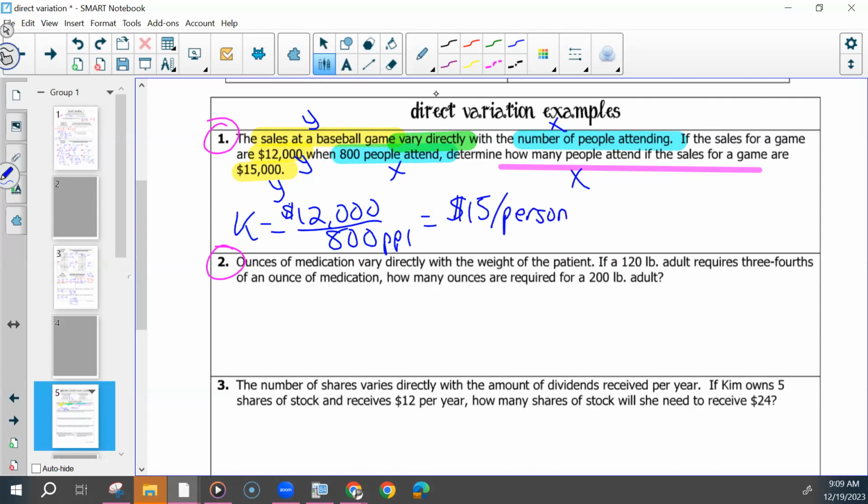Then we have to set up our equation. We're looking for how many people. We know the amount of sales and we know our k value. How would we set that up as an equation? Y equals kx.